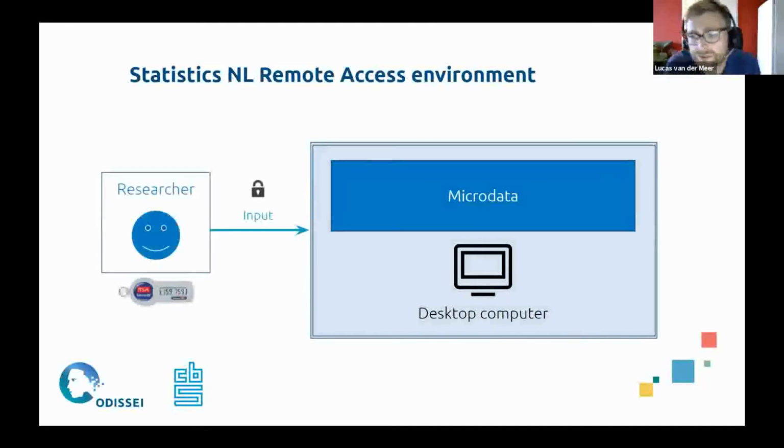So you're an approved researcher, you authenticate yourself, you log in via a secure connection, and then you do your analyses. And even though the microdata are anonymized, they still want to make sure that your output results do not contain any personal data.